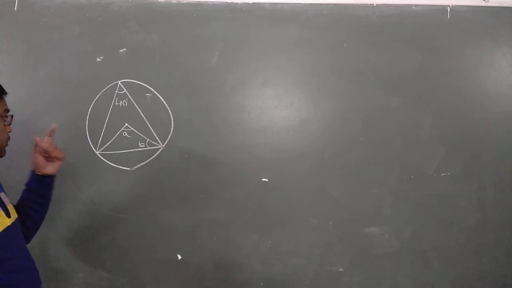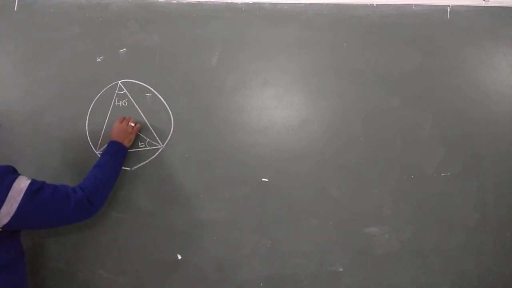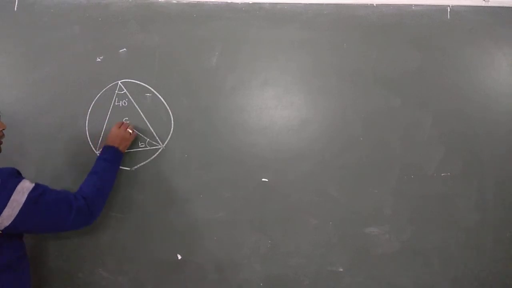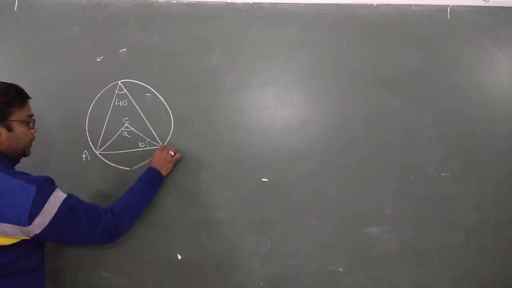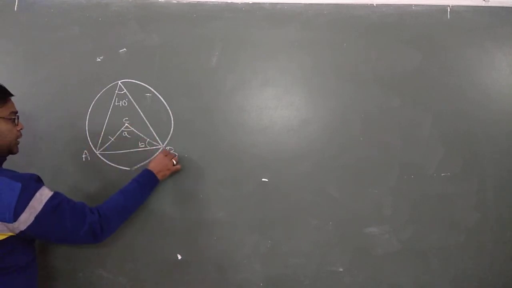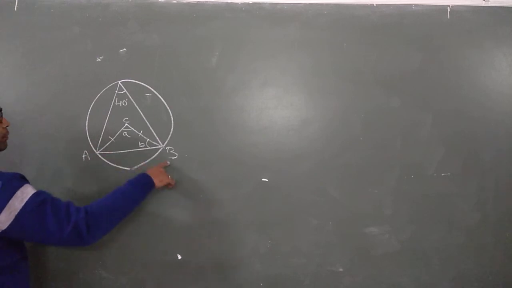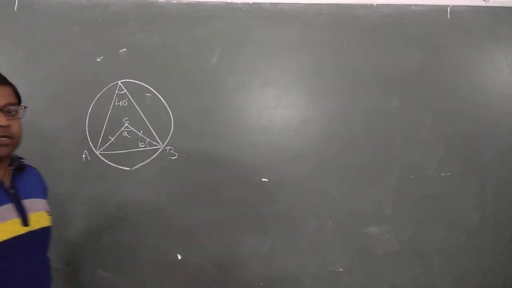How do we solve this? Before we start, remember this is the center of the circle, C. So for points A and B, CA and CB are radii and they must be equal to each other. Therefore triangle CAB is an isosceles triangle.